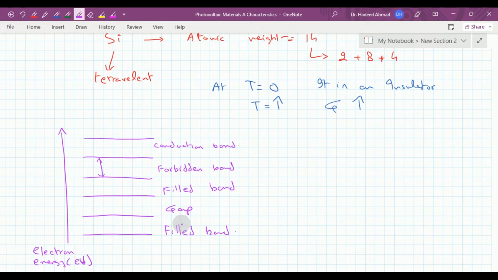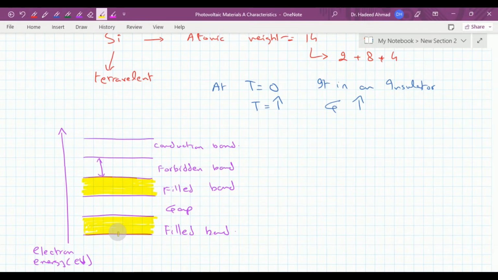So the concept here in terms of this quantum theory is that based on their energies, the electrons are placed inside certain allowable energy bands which are shown here. For example, this one is one such band where we have some electrons placed based on their energy levels. Then we have another band here, which is also based on some energy level.